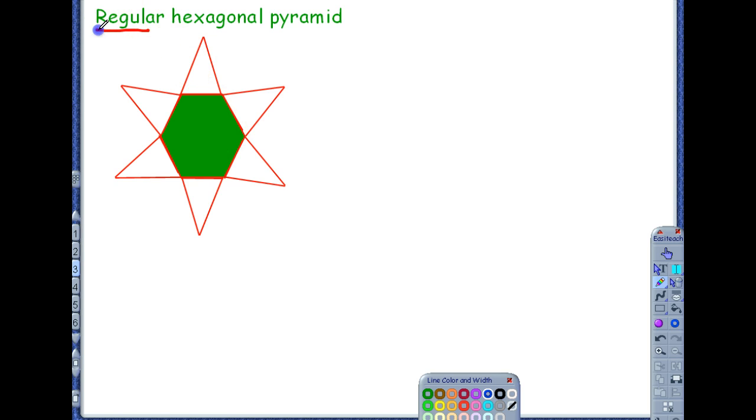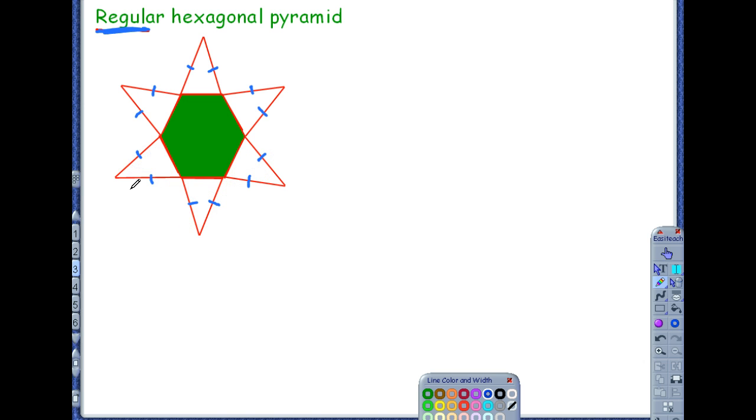Again, if it's not regular, you're going to have to find the area of all of the faces individually. But because it's regular, we know this is a regular base, and these are all congruent isosceles triangles, because all the lateral edges are going to be congruent.